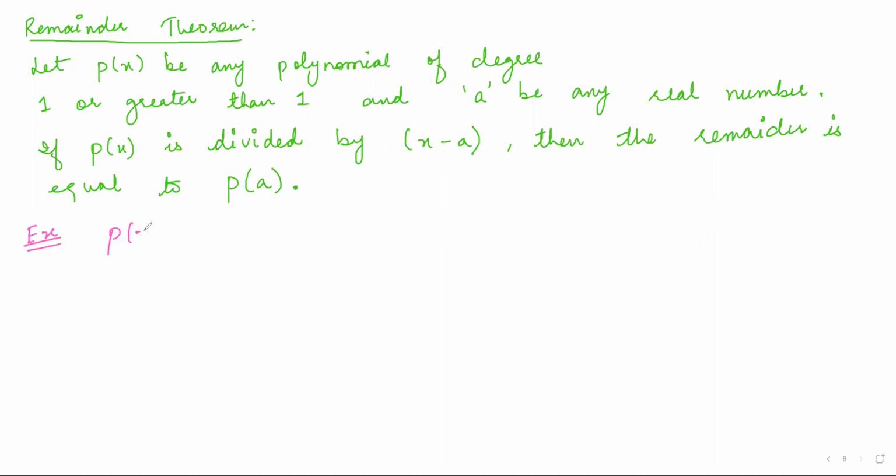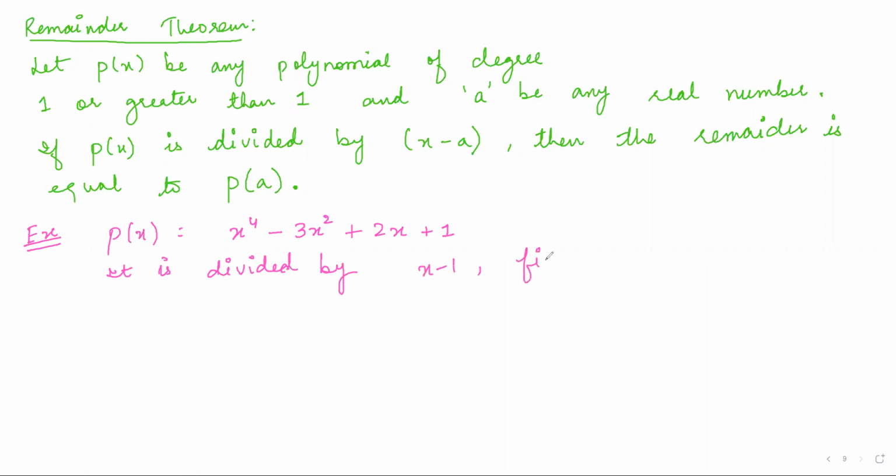So basically, let us take one example to understand it. I am giving you a polynomial which is x to the power 4 minus 3x square plus 2x and plus 1, right? And it is divided by x minus 1.